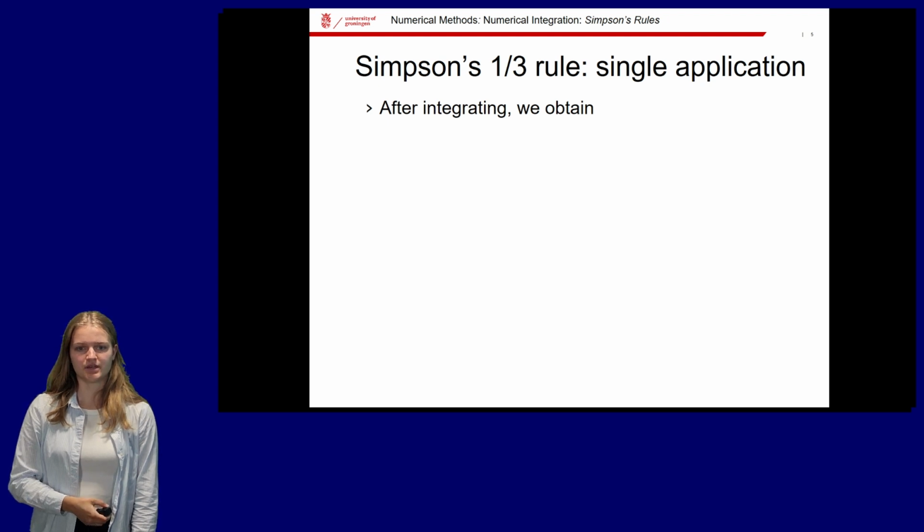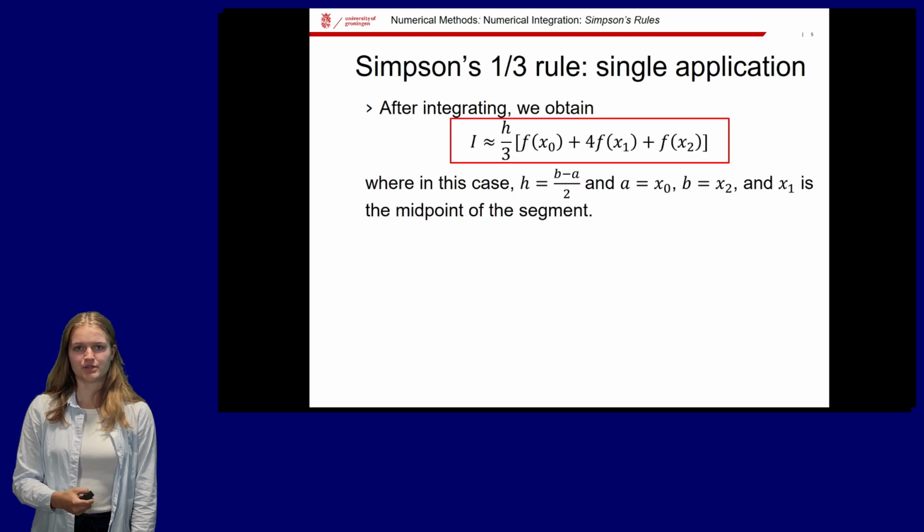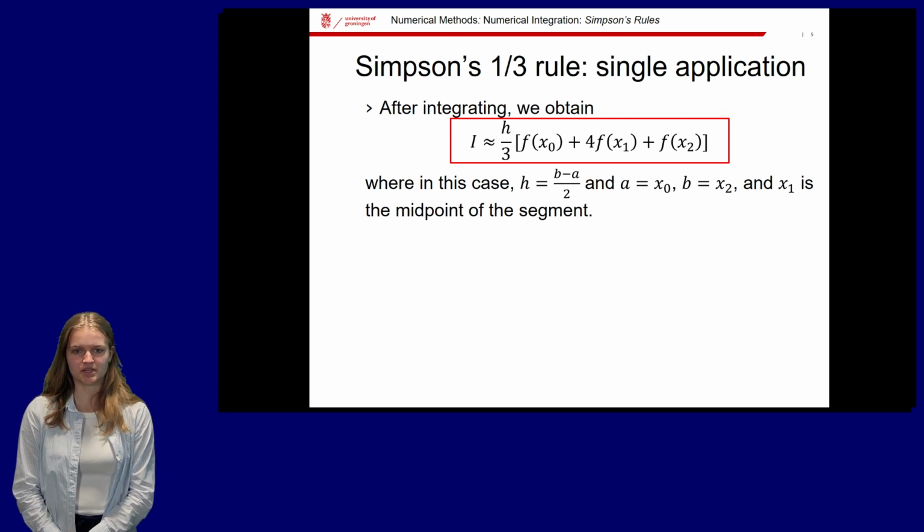Then we can integrate the expression for the polynomial in our last slide, after which we obtain this approximate integral. I will not do the derivation, but you can do it at home if you'd like. Here we'll see that the integral is approximately equal to h over 3 times this summation, and h is the step size again.